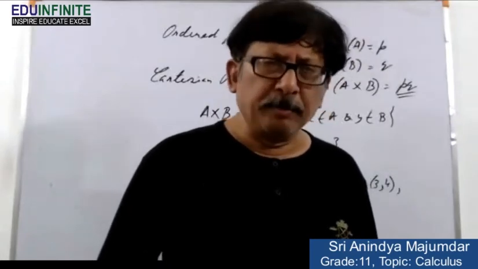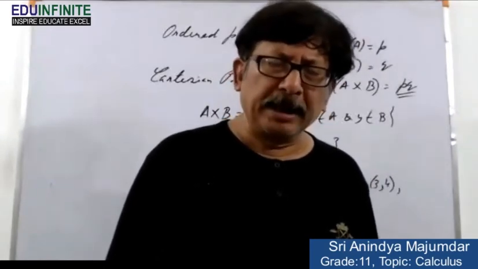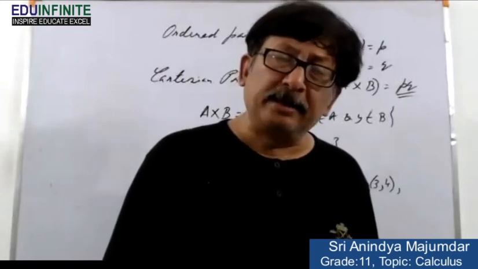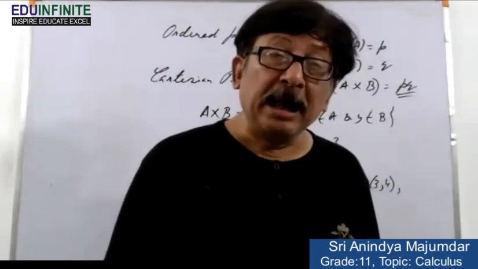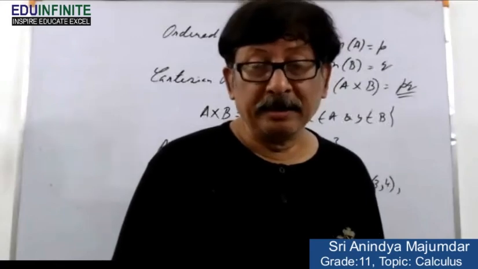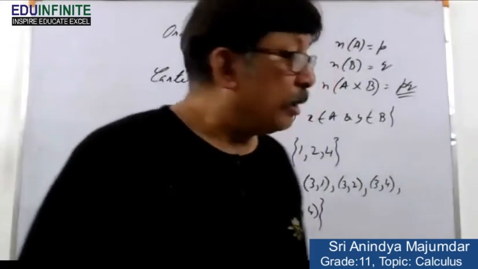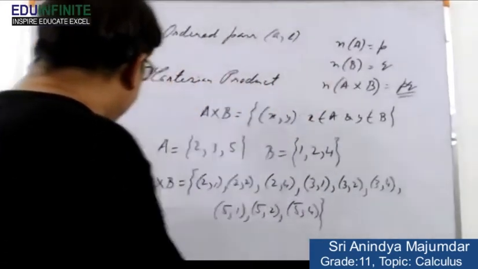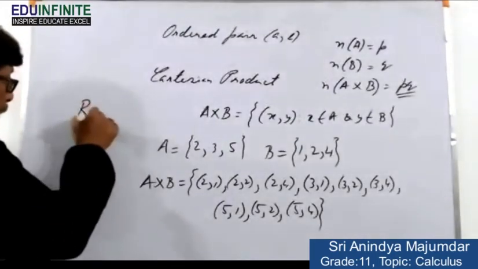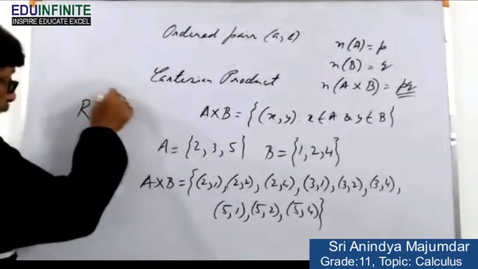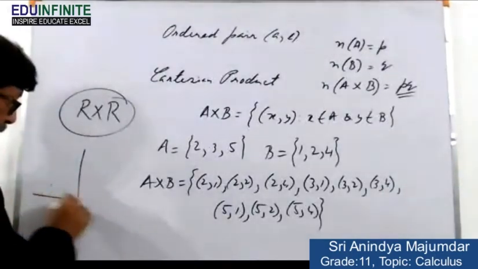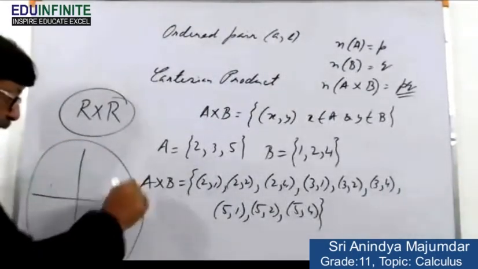He was discussing the problems from straight lines, and that geometry is known as Cartesian geometry. Why Cartesian? Because real number cross real number, they are producing that whole Cartesian plane.